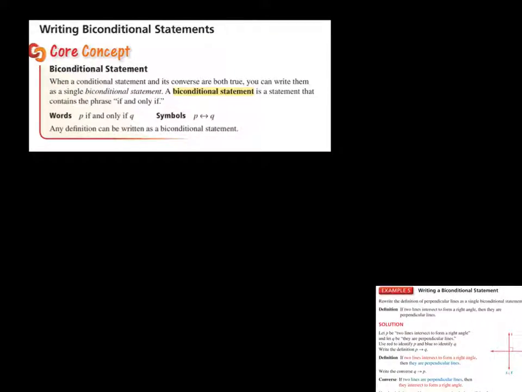Now this is going to be kind of a handful for you guys. A biconditional statement is when the conditional statement and its converse are both true.